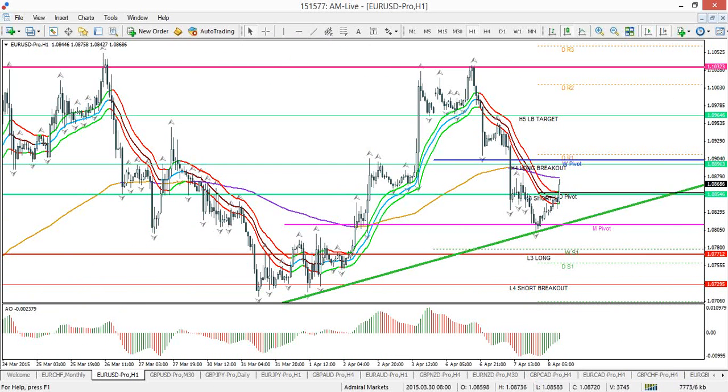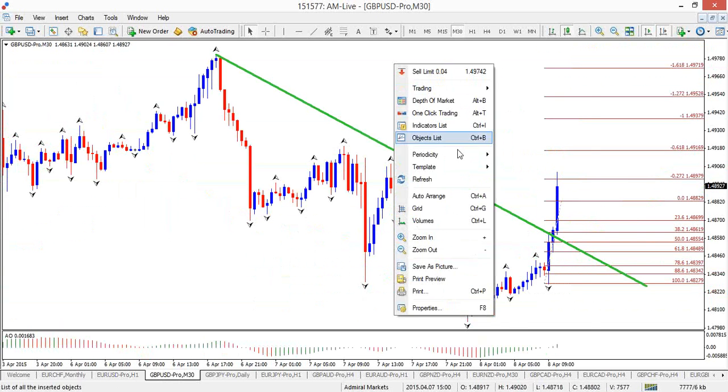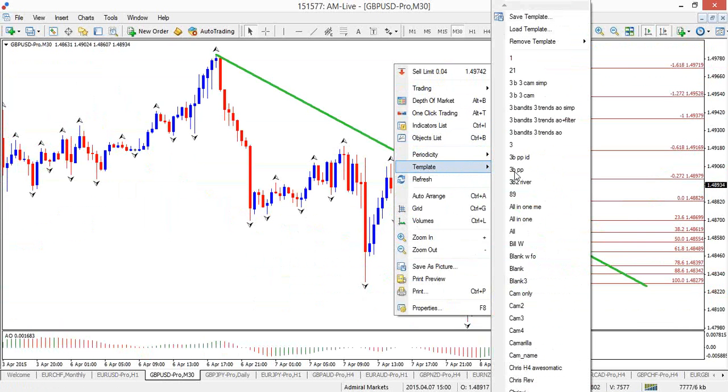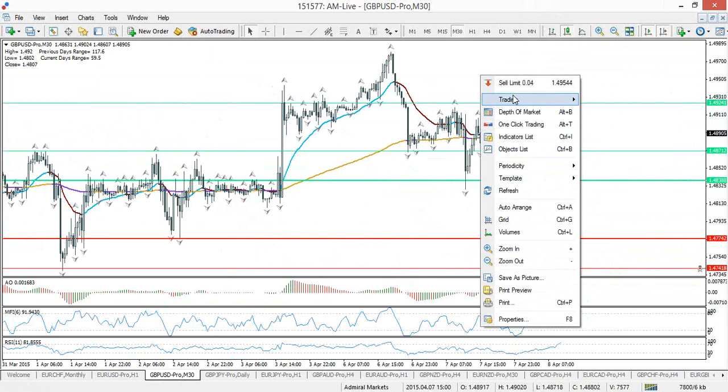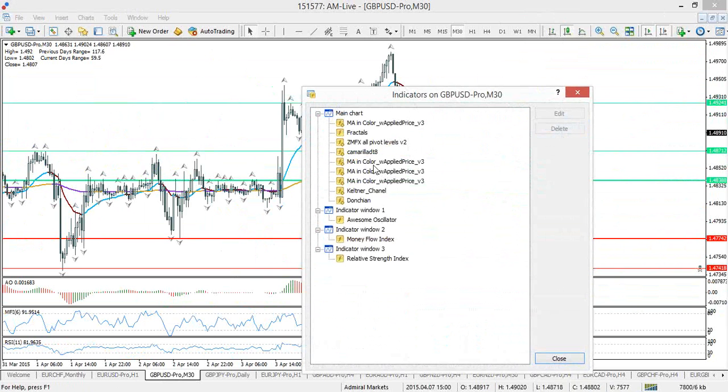So, for instance, on the euro dollar, or the pound dollar, for instance, one second. Let me narrow this down. Hang on.